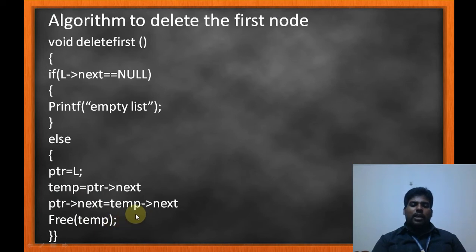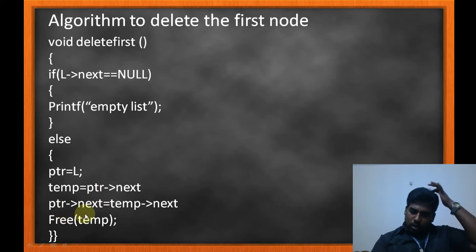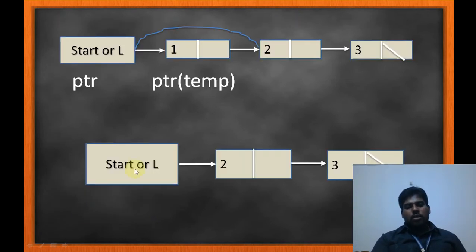We have to take the link and give it to the pointer's next. That is pointer's next equal to temp's next. So this link will be given here and we free up this temp. So this beginning node will be deleted. This is the first method, to delete the first node or the beginning node in the list.